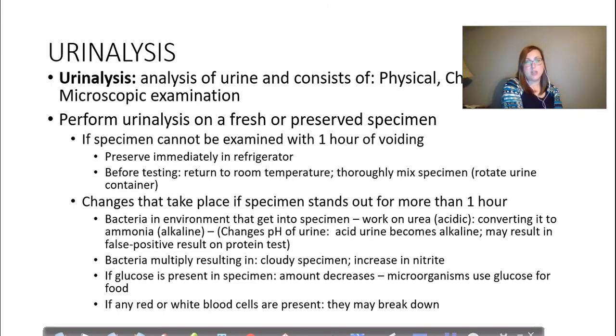Also, bacteria multiply, which makes the specimen cloudy. It increases the nitrites that are present. If glucose is present in the specimen, the amount decreases because microorganisms use glucose for food. And then if any red or white blood cells are present, they can break down as the specimen sits.